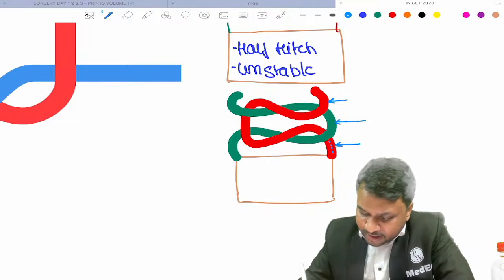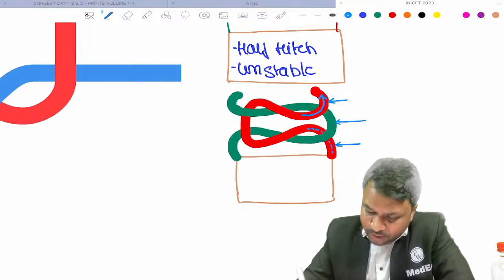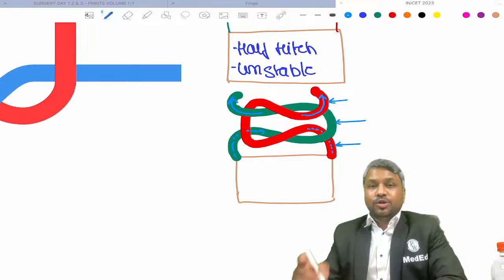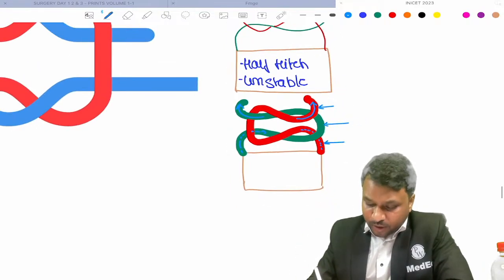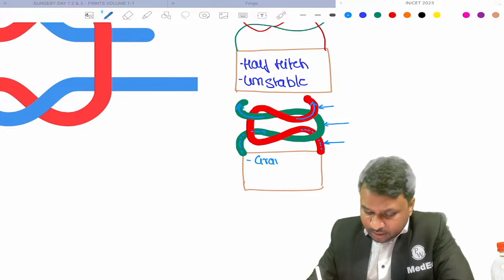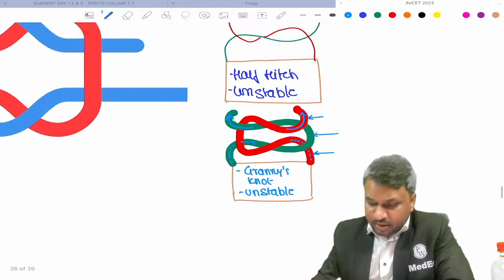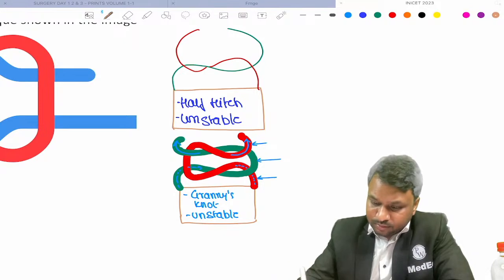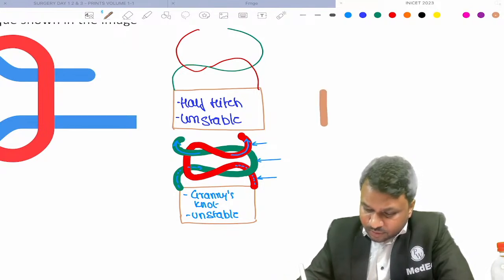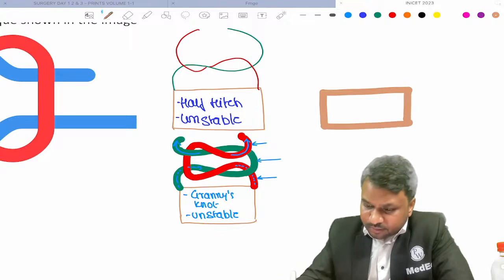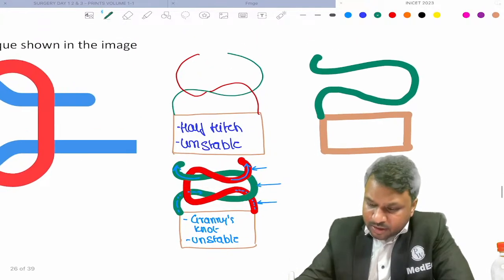Now you see the red thread is going under the loop. Here the red thread is going over the loop. Here the green thread is going over the loop, and here the green thread is going under the loop. So one thread is going under, one thread is going over. This is what we call the granny's knot, and this is also an unstable knot. We'll see one more knotting technique. Almost looks like granny, but there's a tinge of difference here.